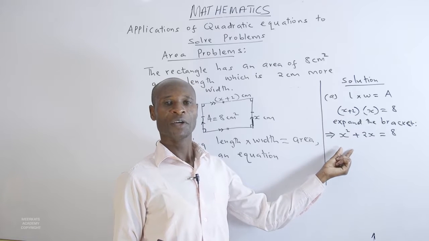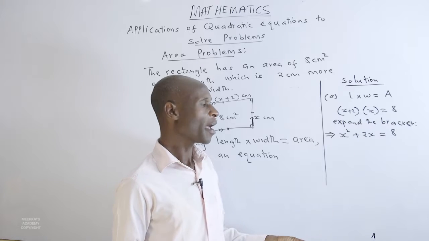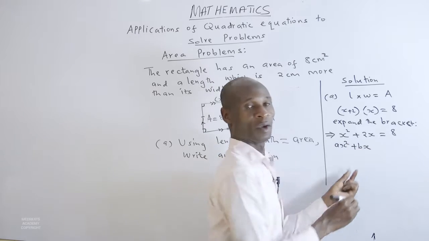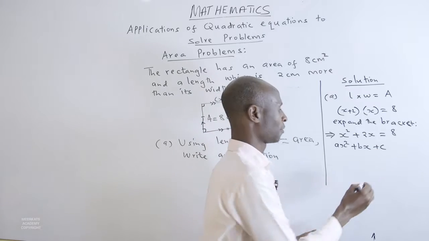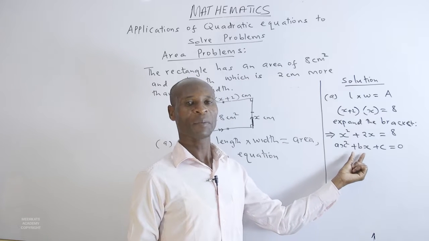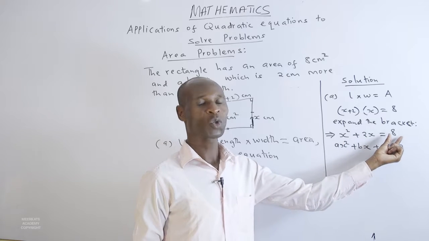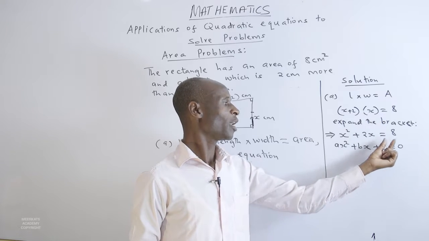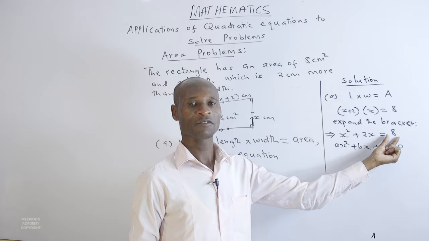Now at this point, we write this quadratic equation in the standard form ax squared plus bx plus c is equal to 0. That means we are preparing our quadratic equation for solving. So we are supposed to collect 8 onto the left-hand side. To eliminate 8 on the right-hand side, since it's positive, we subtract 8 from both sides.